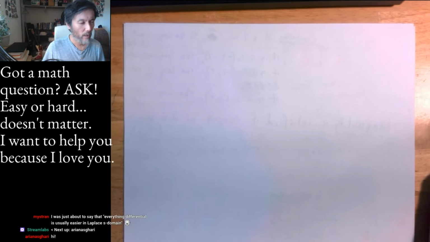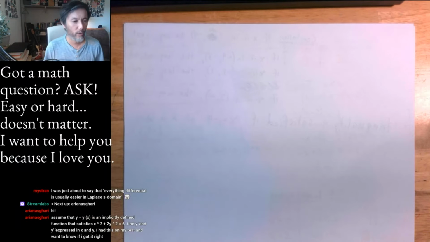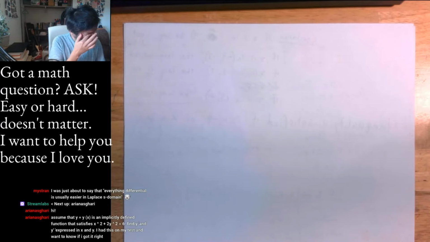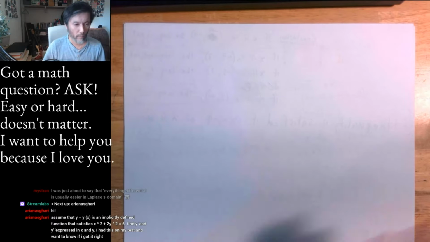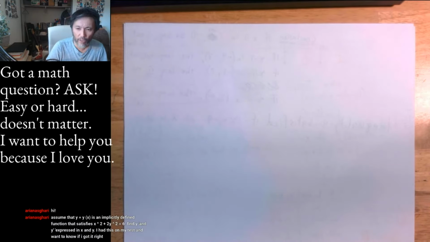Yeah, go ahead, Ariana's Gari. What is your question? Let me bring it up. Assume that y equal to y of x is an implicitly defined function satisfying that equation.